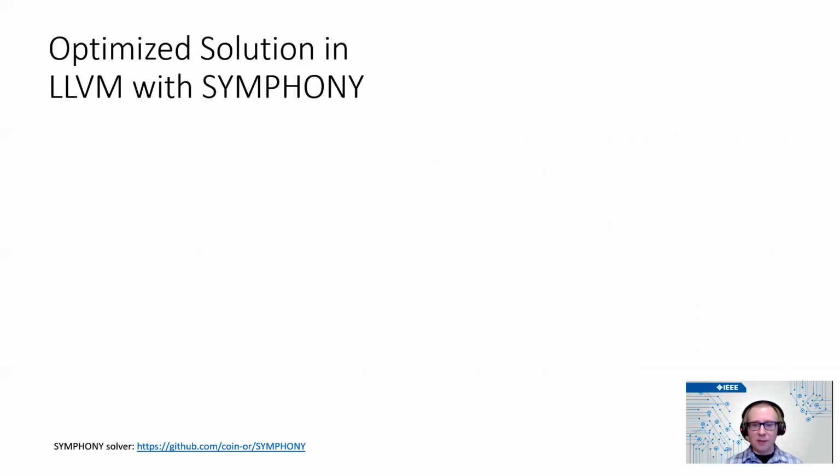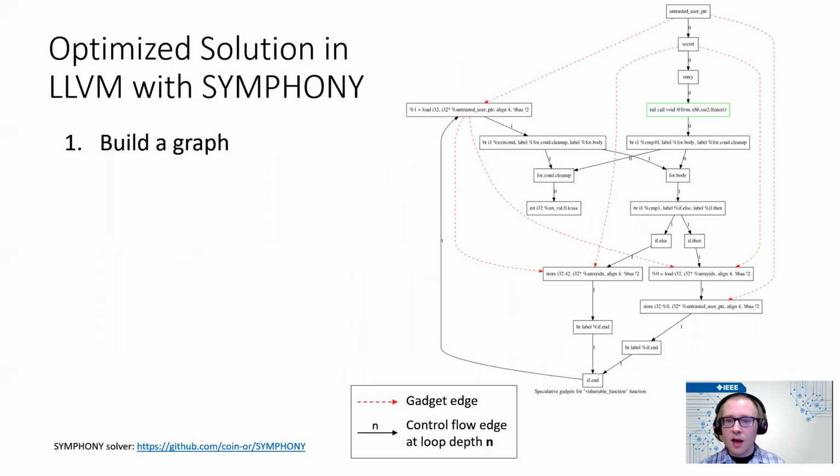So similar to Perry, we also use LLVM to build a data flow graph, but this time showing potential LVI gadgets instead of memory orders. The red dashed edges on this graph are gadget edges, meaning that the source is a load and the sink is a transmitter corresponding to the load. And the solid black edges are control flow edges, annotated with the loop depth.